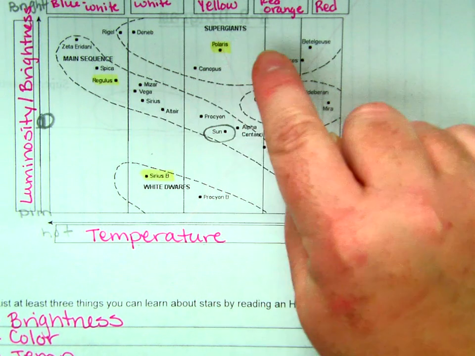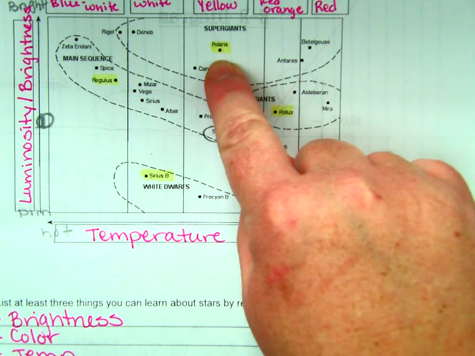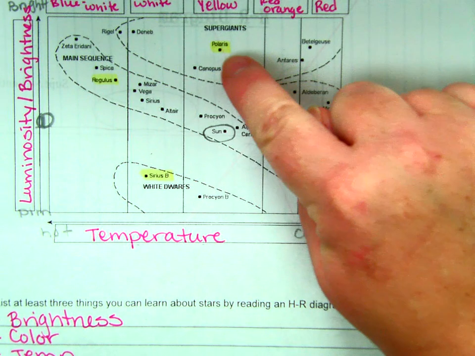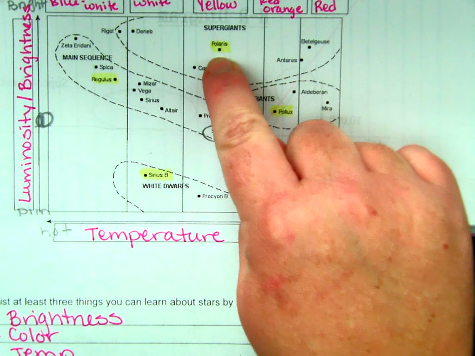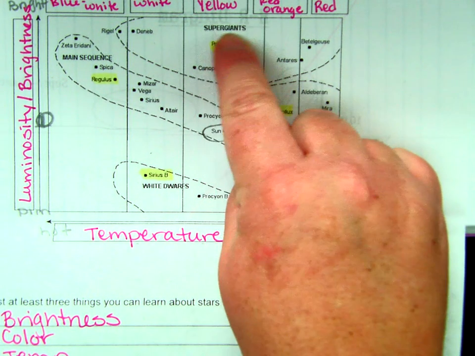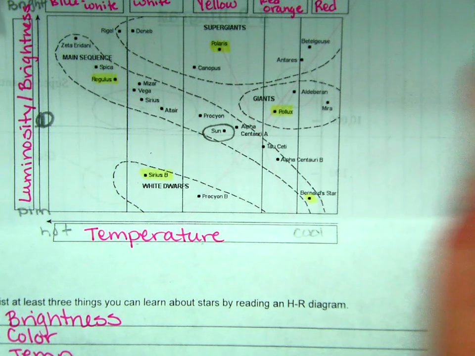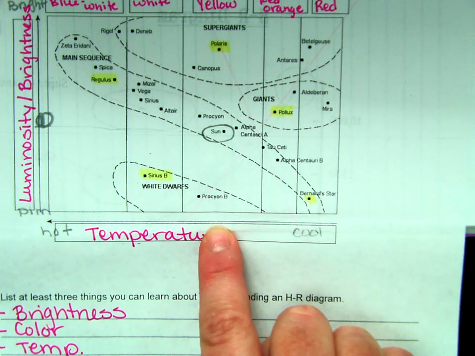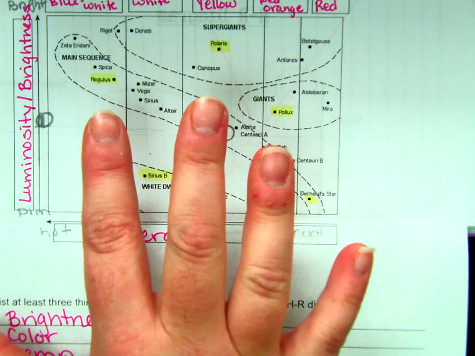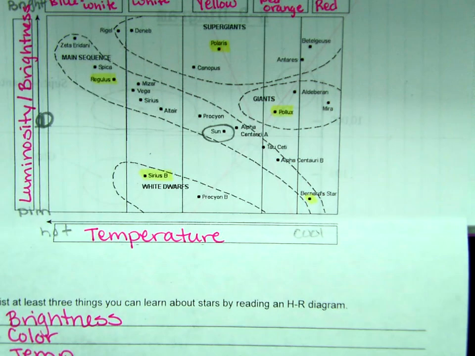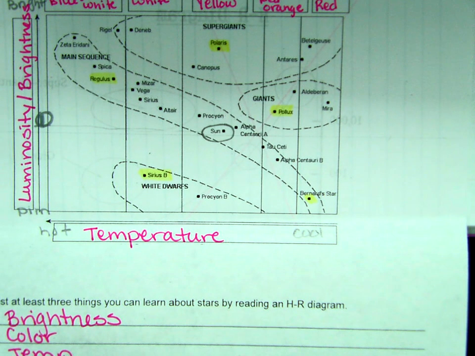If I said tell me the color of Polaris, it would be yellow. If I said what class or group is it in, well, it's a supergiant. And if I said give me a temperature, I would come down to the bottom and find my temperature. Now my graph is more simplified, so I don't have all the numbers across the side and the bottom of the X and Y axis, but HR diagrams do have temperatures where you can look and find the exact number.